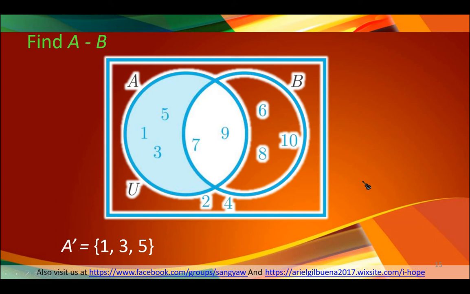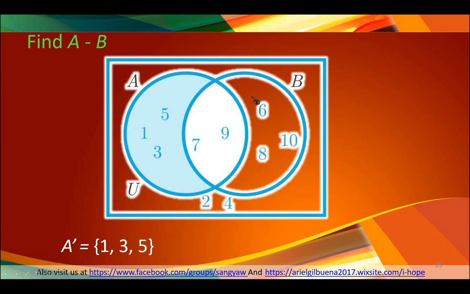Then, ito naman yung difference of set A and set B. Ang magiging sagot po dyan ay 1, 3, 5. Bakit po? Kasi po, ulitin natin ha, ano ang katapat na numbers ng 1, 3, and 5 sa kabila? 6, 8, 10. So, dito pa lang sa operation natin, find the difference of A minus B. So, dito, consider natin si B. Si B muna titignan natin.